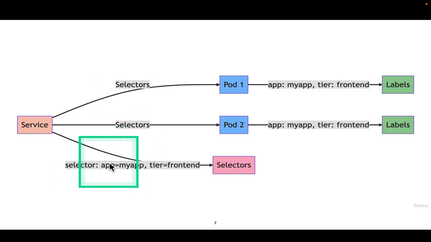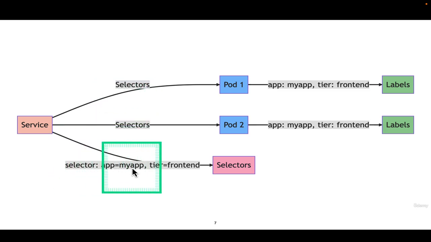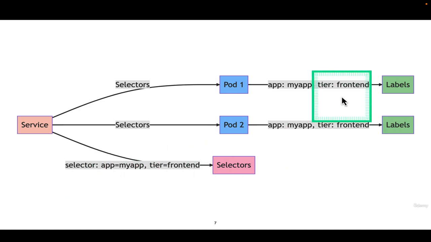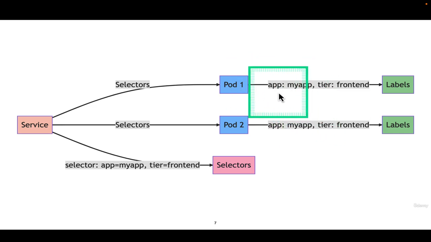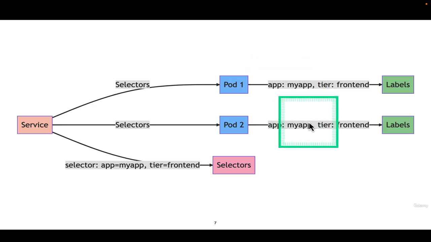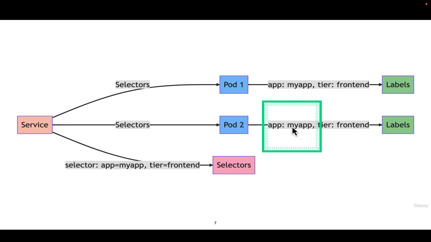For example, a service has selectors like app equal to my app and tier equal to front end. There are two selectors, so it will find a pod which has those two labels. Any other pod which does not have those labels will not be included for serving the traffic.